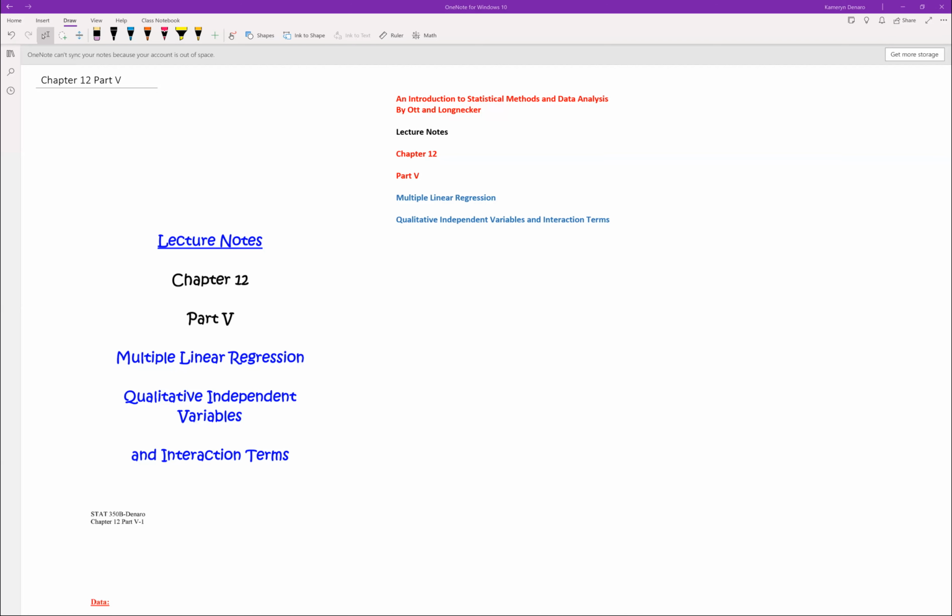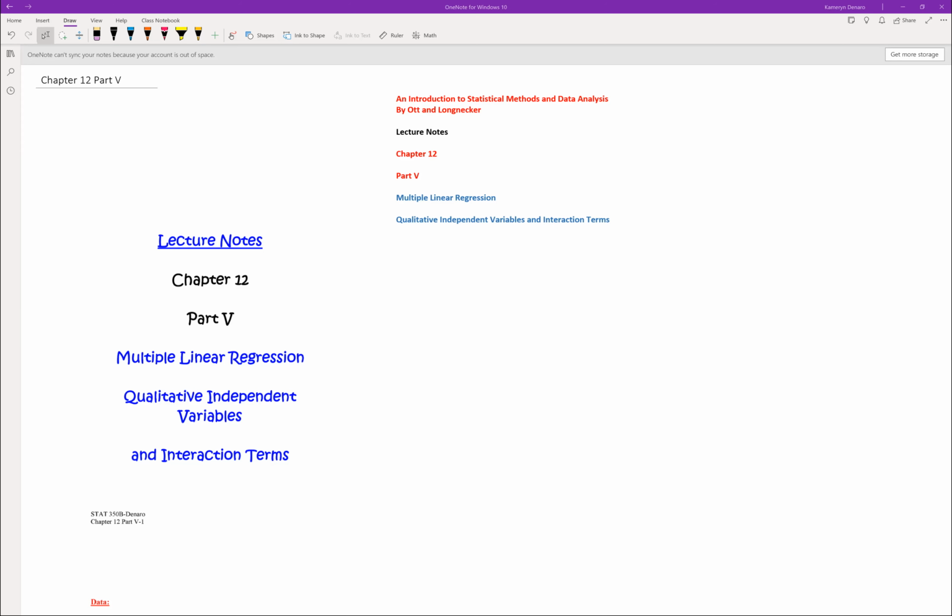x1 down to xk. We can write this in the form of having n subjects in our study. For each subject, we're going to have a vector that is yi, and then each of the observations for x1 down to xk. We'll label these xi1, xi2, and so on up until xik.